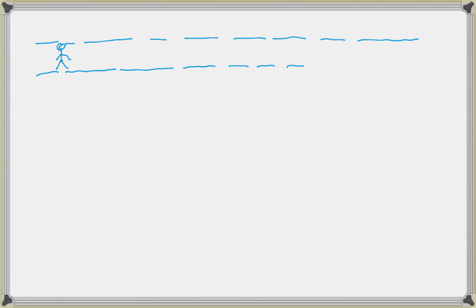Okay, let's try to capture this mathematically. Again, like before, we've got the person over here, and we've got the rays here. Now let's pick one point on that person. Let's say here, the foot.